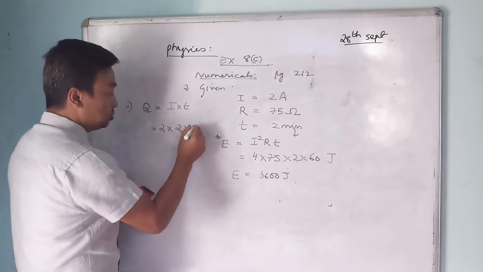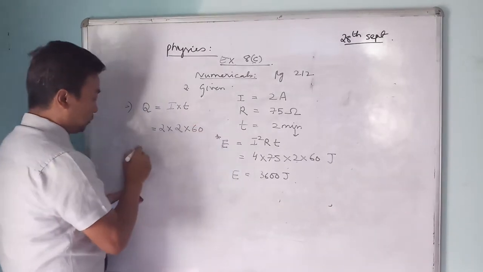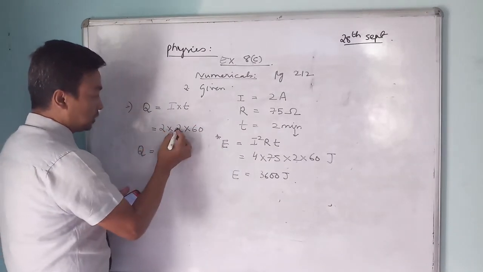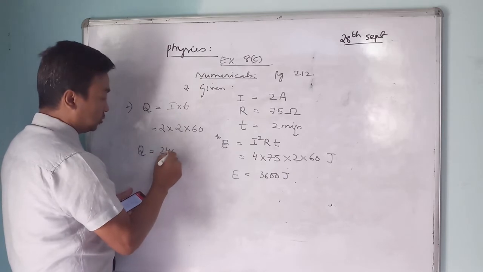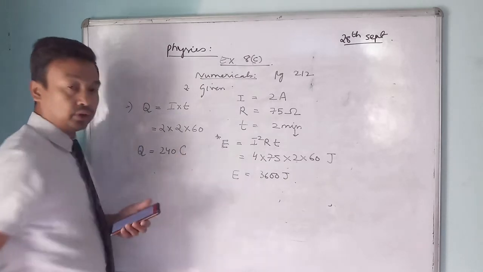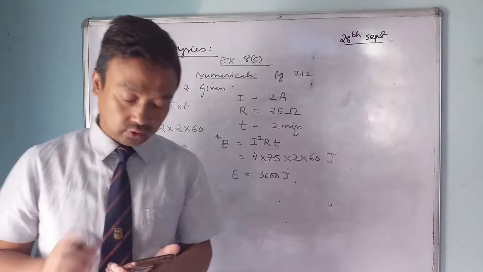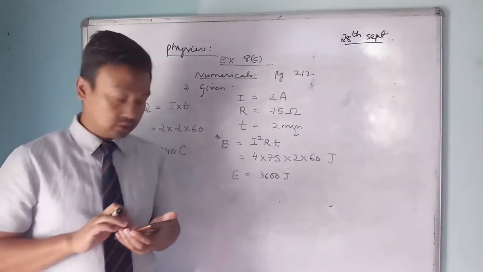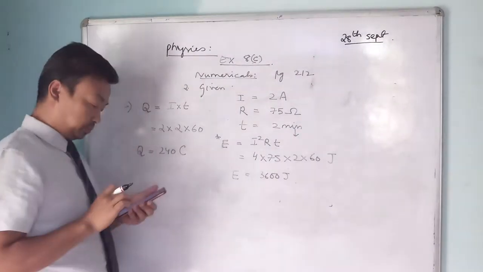That minute needs to be changed into seconds. So therefore the charge will be 2 into 120, which is 240 coulomb. Coulomb is the unit for the charge, given by capital C.